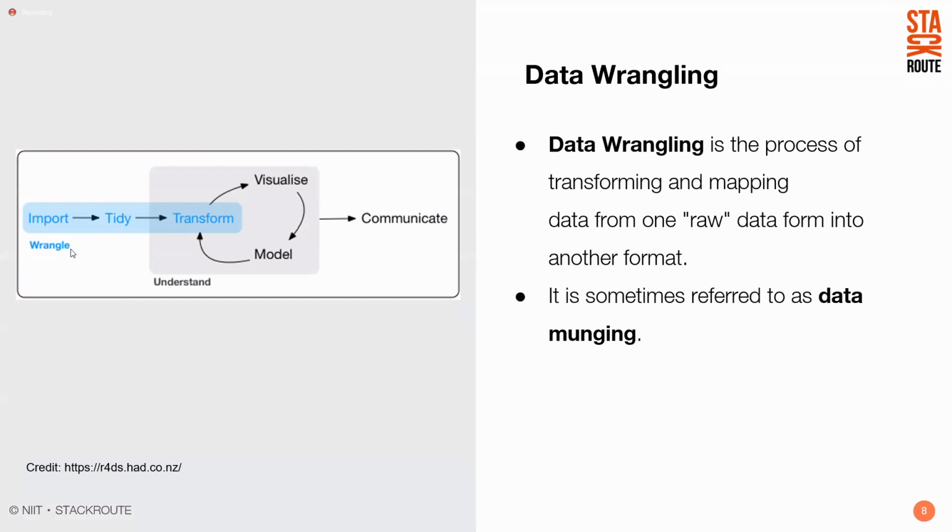Listen carefully. Data wrangling is the process of transforming and mapping the data from one raw format into another raw format. According to the requirement of the user, I will be converting the data from one format to another format. Sometimes it is also called data munging.